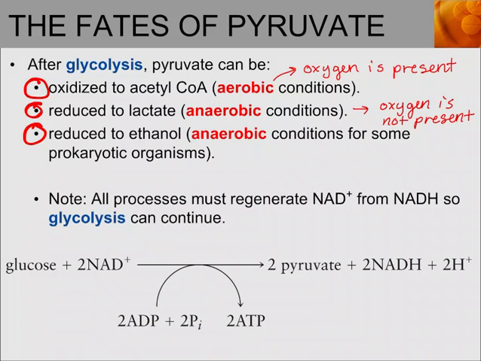Now, one thing to note is that all processes must regenerate NAD plus from NADH so that glycolysis can continue, because we do need that NAD plus in glycolysis to keep the reactions going.